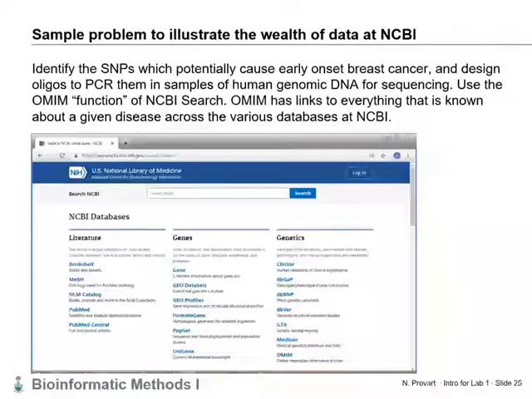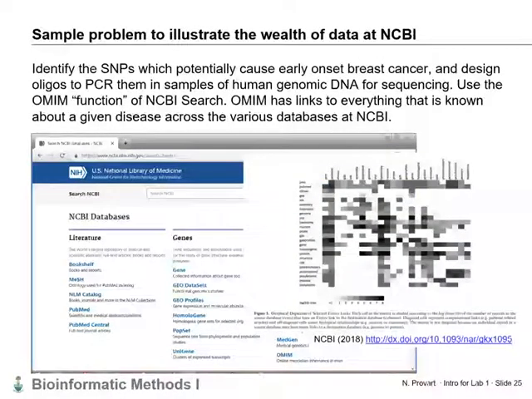So what we can do is enter early onset breast cancer into this search box here in the GQuery/Entrez interface, and then the system will go and retrieve all of the information across all of the databases about that particular search term.